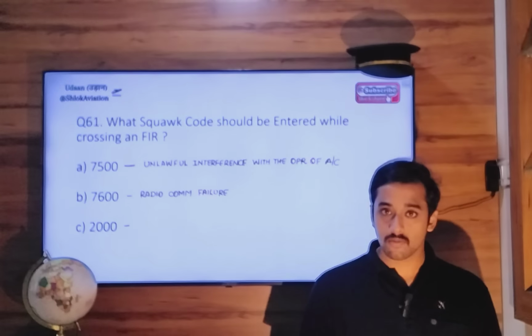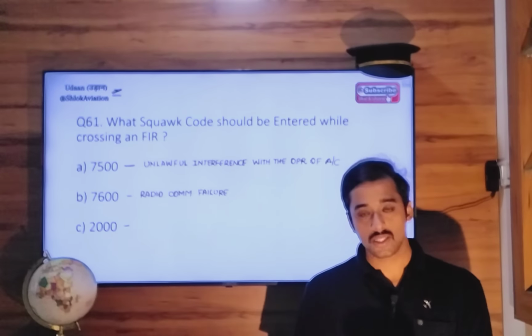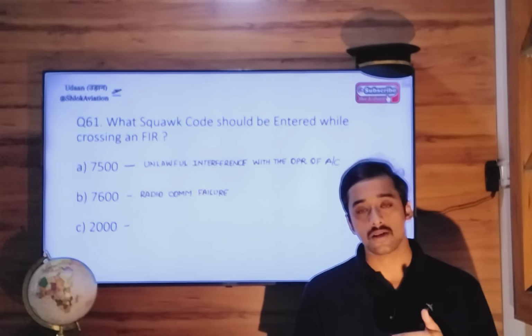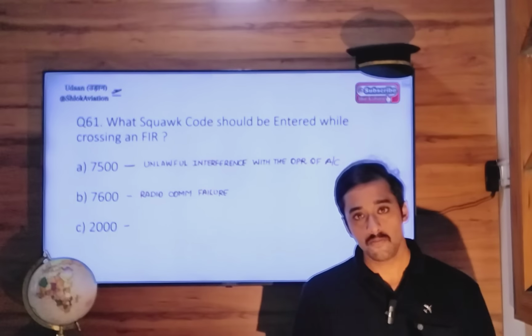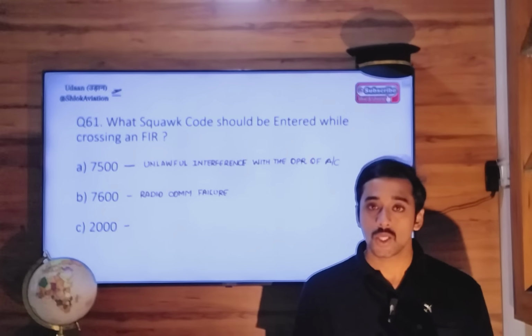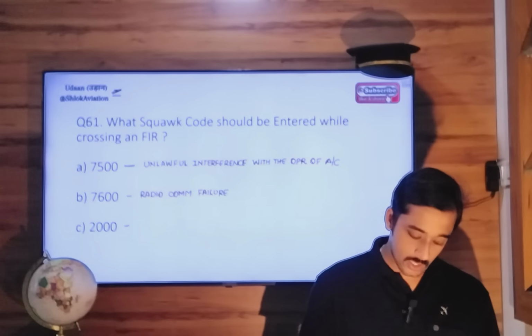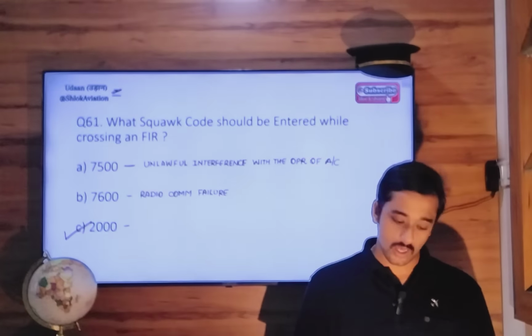Squawk code 2000 is used in UK airspace. If you are entering UK airspace from any airspace outside the supervision of the United Kingdom, and you have not been assigned any transponder code by the previous ATC under whose supervision you were flying, you will set transponder code 2000. So the correct option is Charlie, 2000.